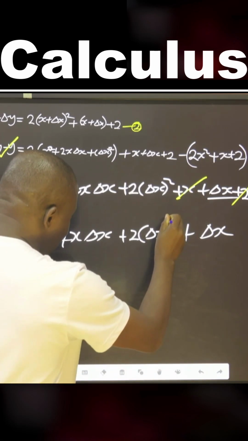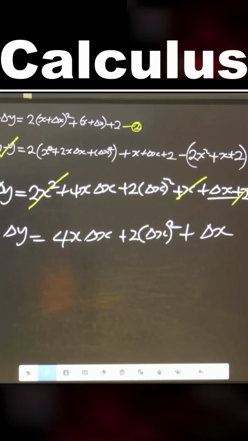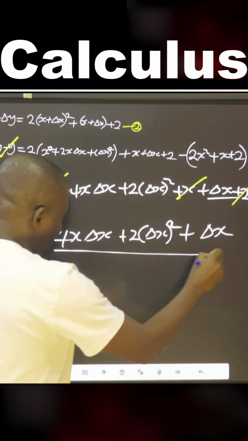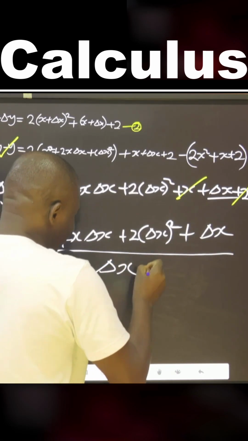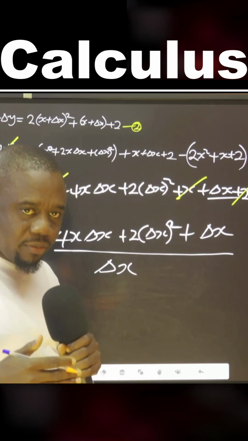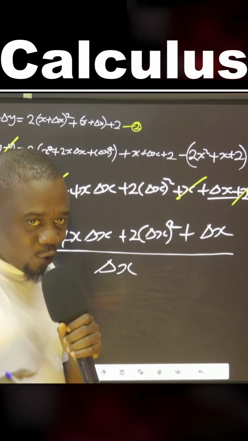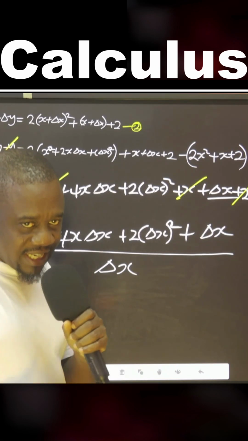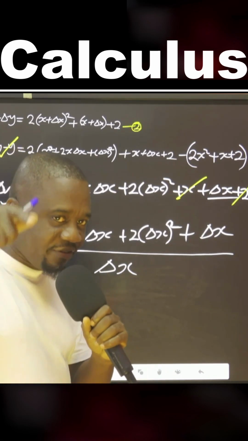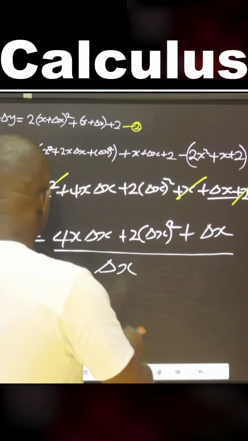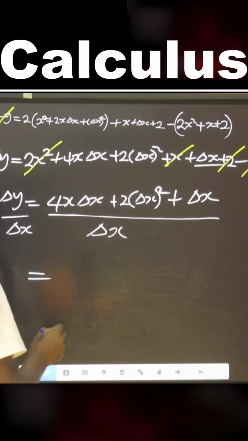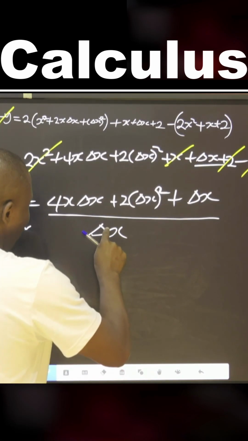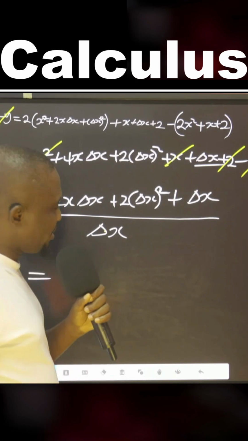Okay? A better view. So what we need to do now, we divide both sides by delta s, because that is what we are looking for. Because we need to take a journey from delta y over delta s going towards differentiation. That is, we are driving towards differentiation, the derivative. Okay? Now, this, you agree with me, we divide everything at the numerator.